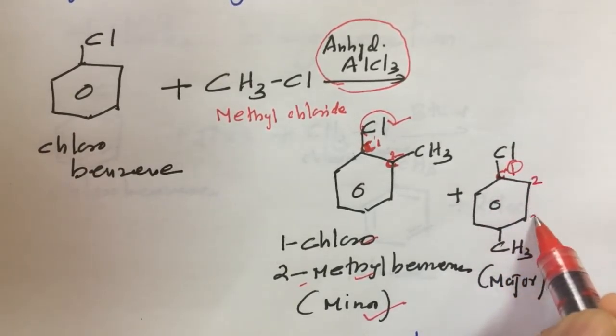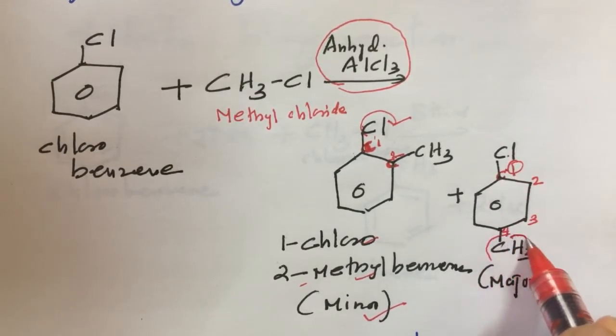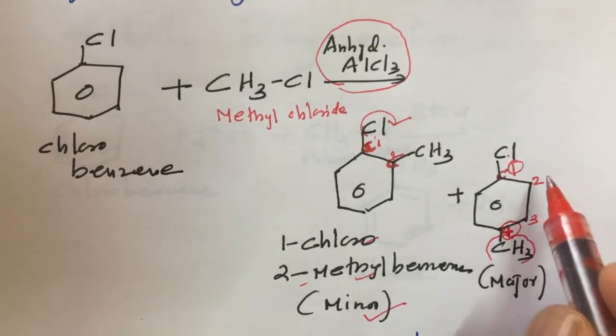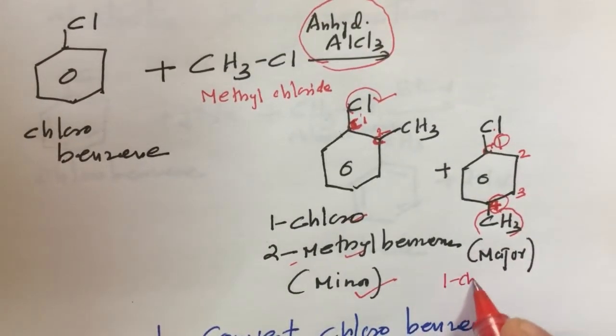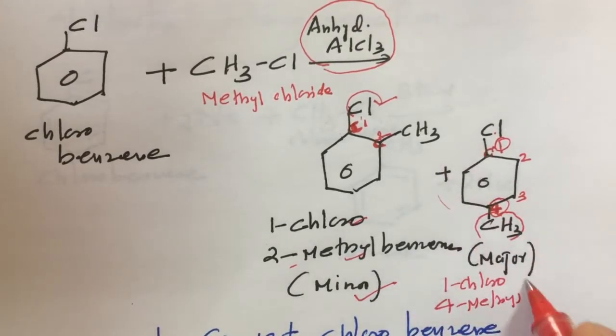Then 2, 3, 4 for CH3; the priority of CH3 is less, so here you give number 4. The name is 1-chloro, 4-methyl benzene, with methyl on the fourth position, and this is the major product due to the less steric effect.